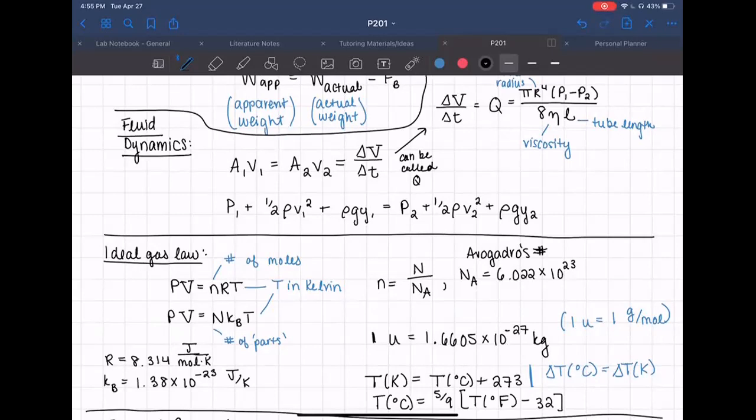Those are the main things you should be taking away from this class. Generally, we expect that you know F net equals ma when you complete a physics course. That really obvious, simple foundational physics is what you can expect.